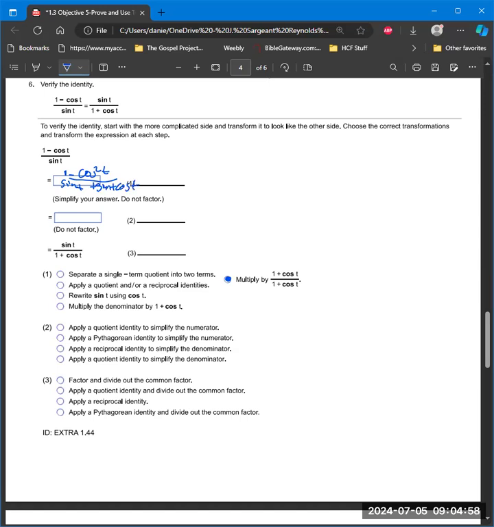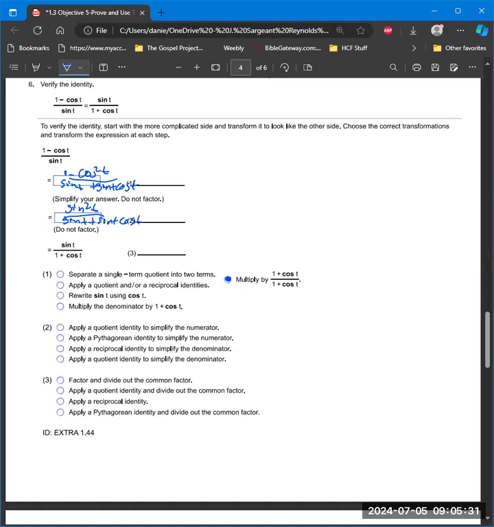That gives us a sine squared t on top because of a Pythagorean identity, over sine of t plus sine of t cosine of t. Factor out the sine of t and cancel, and we get equal to our right-hand side of sine of t over 1 plus cosine of t.